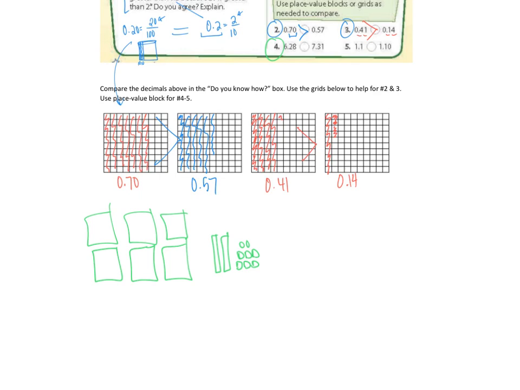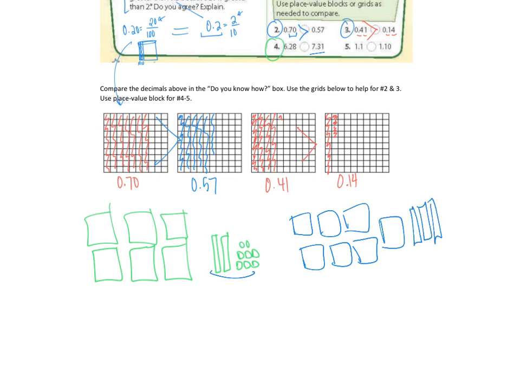I want to compare that with the 7, and right away I'm like, oh, look at the wholes. The wholes are bigger. These ones aren't making a whole, so this isn't more pieces, but a larger number than the 6. We can see that it's more mostly because of that whole number.